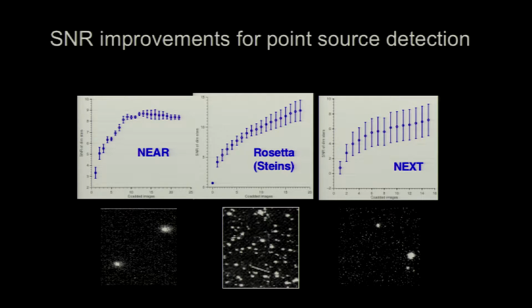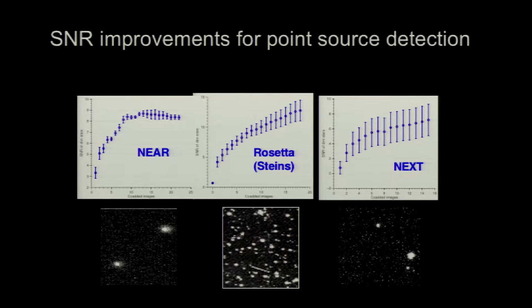Another one that is actually a baseline for use on the NEA Scout CubeSat is coaddition. What's coaddition? If you have a very noisy instrument, like we're expected to have on the NEA Scout mission, which is a CubeSat, you can drive down your noise by taking a large number of images, knowing that the noise is statistically likely to be randomly distributed around the image.